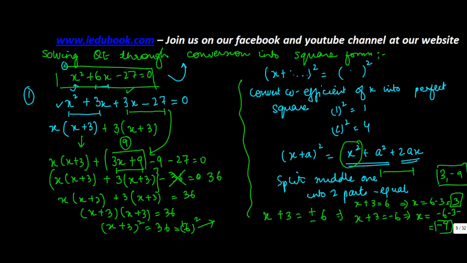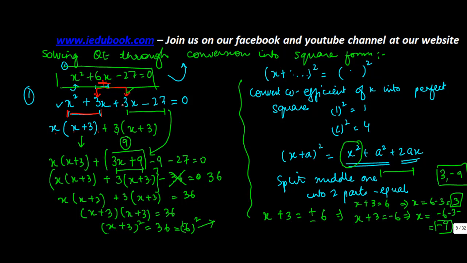I know it's a little bit tricky, but as you practice it a little bit more, it becomes easier. Let me just re-explain the steps to you. Break this up into two equal parts. So you put in 3x here, you put in 3x here. Then take whatever is common between the first two items, x plus 3.